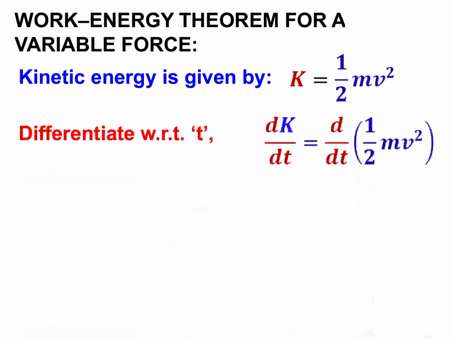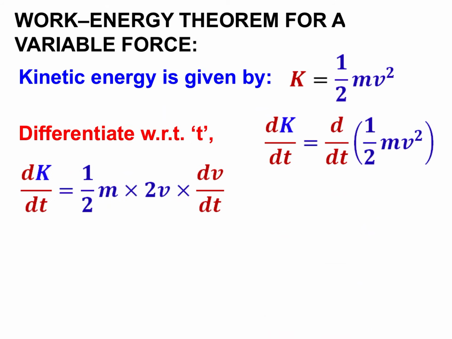So we will get dK upon dt is equal to d upon dt of half mv square. Now solve it. Half m is a constant, take it outside. Then we have to differentiate v square. Differentiation of v square will be 2v into dv upon dt. So 2 and 2 will be cancelled out.